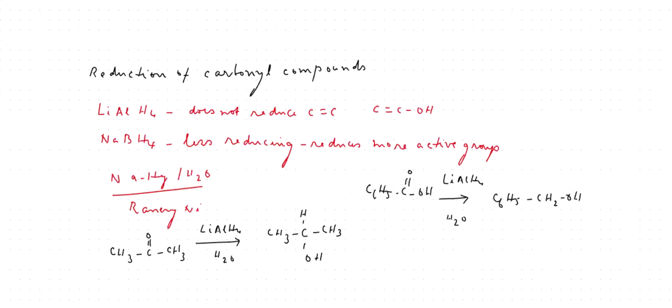Suppose R C double bond O CH2 C double bond O OH. One side it is the carbonyl group of an acid. On the other side, it is the carbonyl group of a ketone. The ketonic carbonyl group is more reactive, whereas the carbonyl group of carboxylic acid is less reactive.